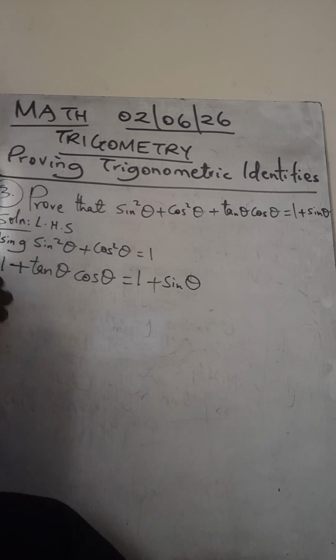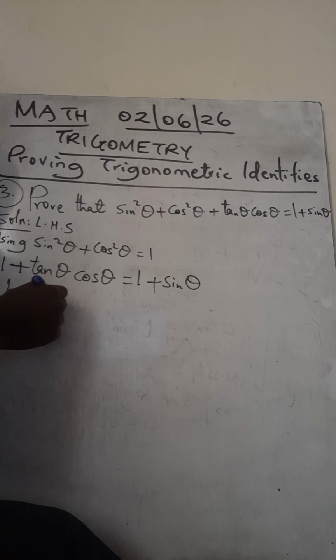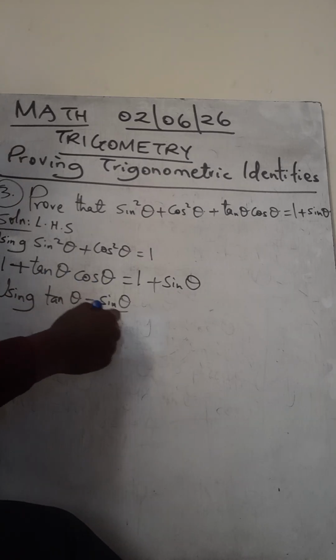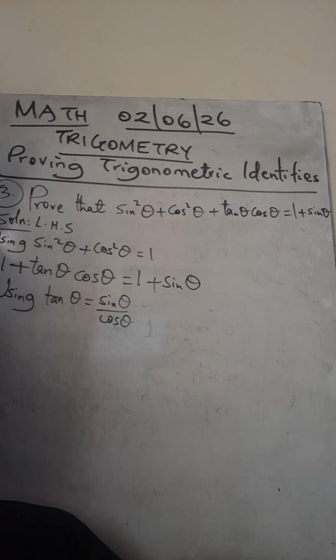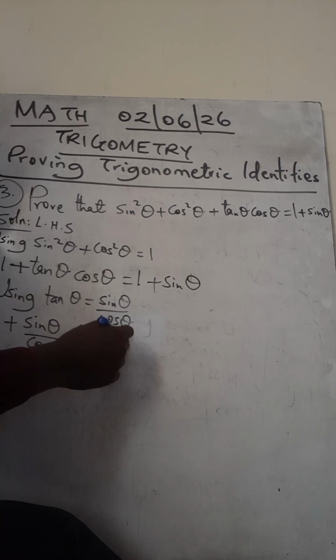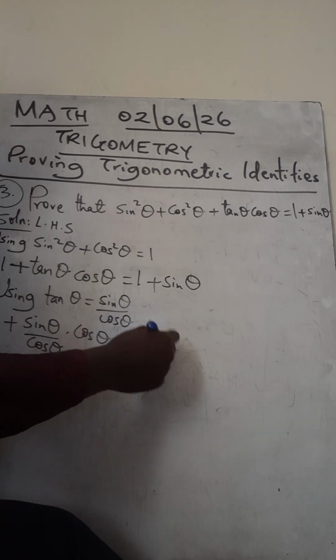Also, using tan of theta equals to sine of theta over cosine of theta, I'm going to substitute that one here. We have 1 plus sine of theta over cosine of theta times cosine of theta equals to 1 plus sine of theta.